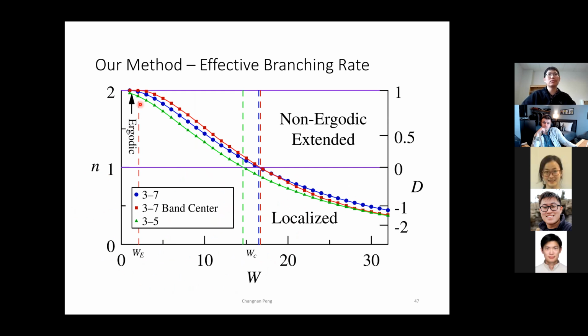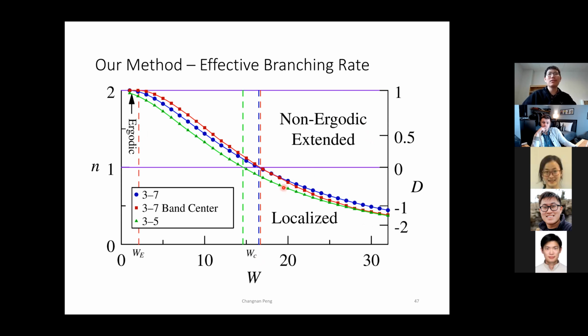So it equals 2 when the disorder is below some critical value we call W_E, where E means the ergodic, non-ergodic phase transition. And it crosses 1 at the extended-localized transition, which is W_C, we mentioned before. And here, these are the three regimes, the three phases.